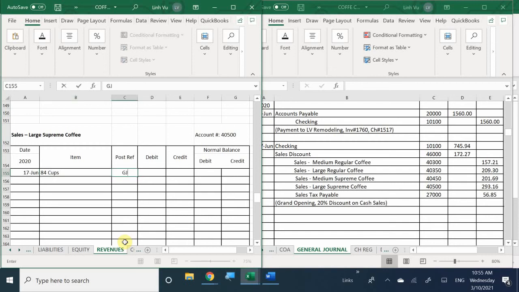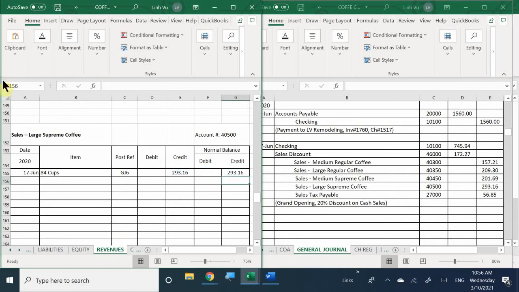Invoice, post reference general journal number 6 for how much? 293.16. $293.16. Okay. And that's going to be its credit balance.